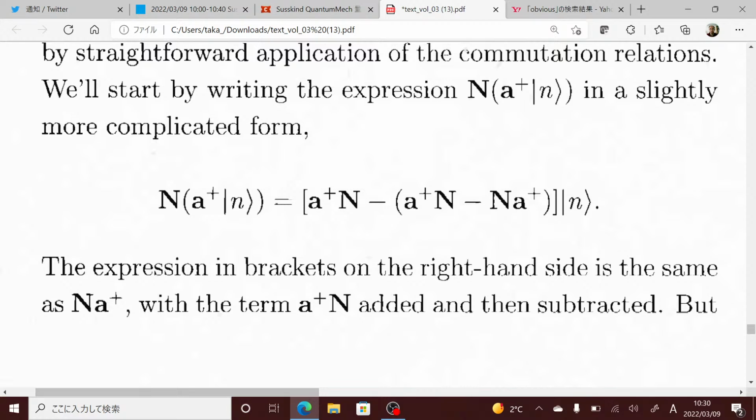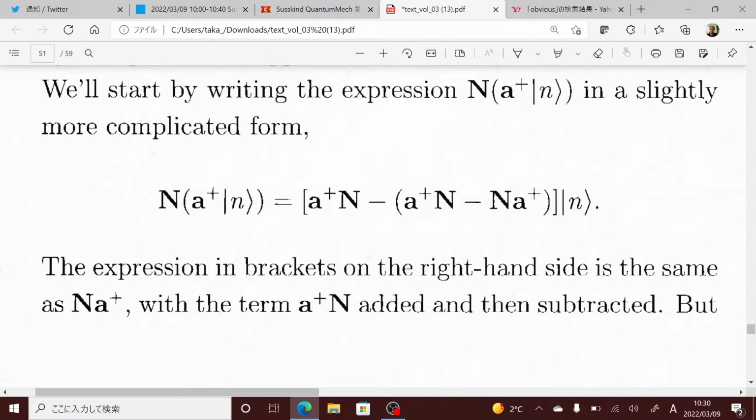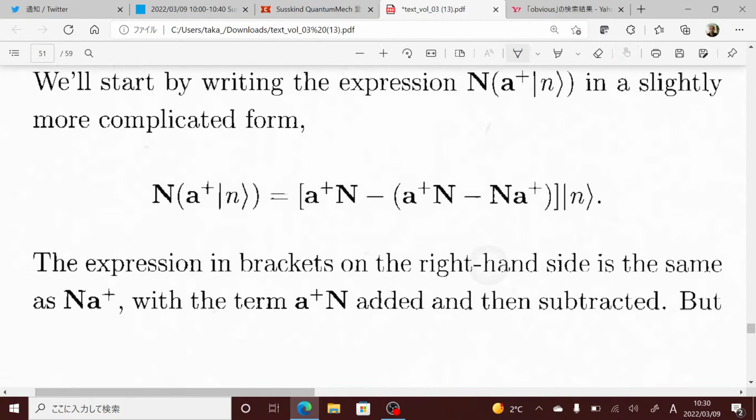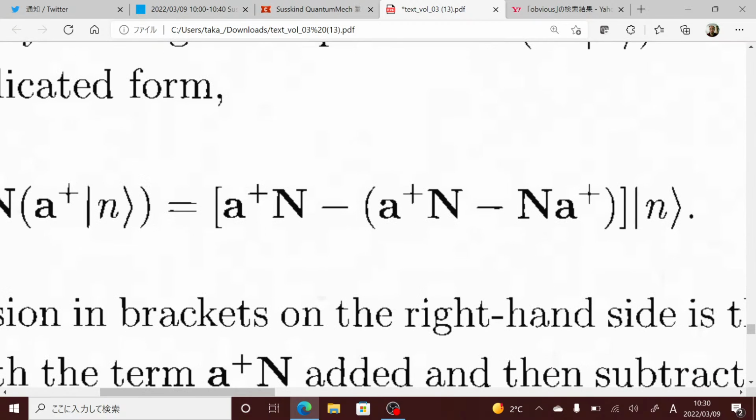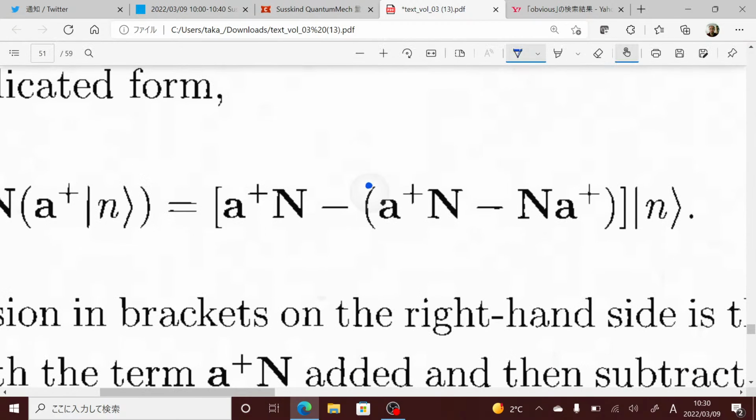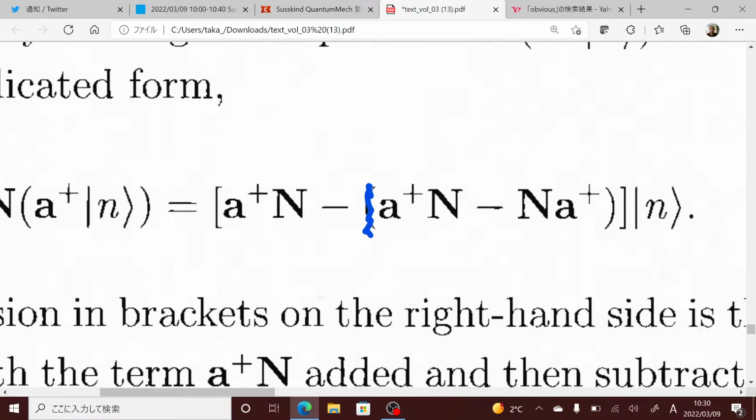So this one you can see. If you remove parentheses, this becomes plus, and you can cancel this.